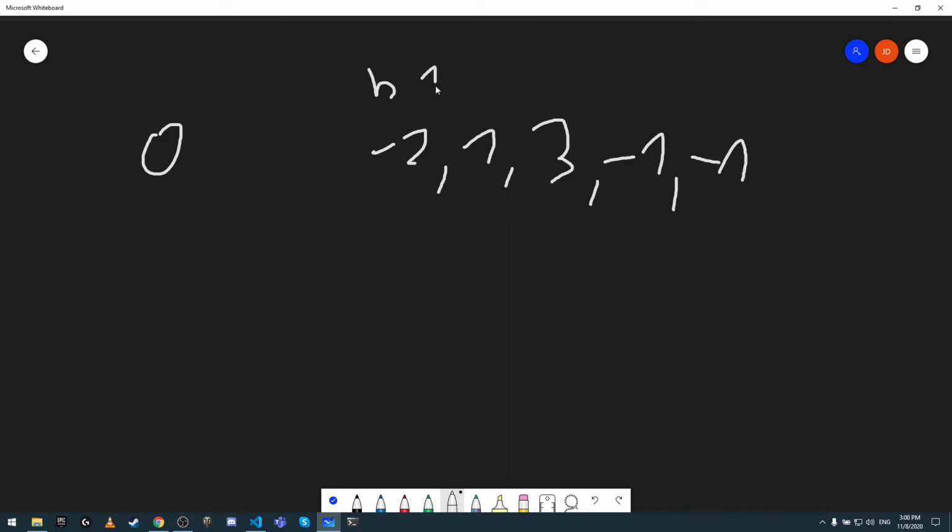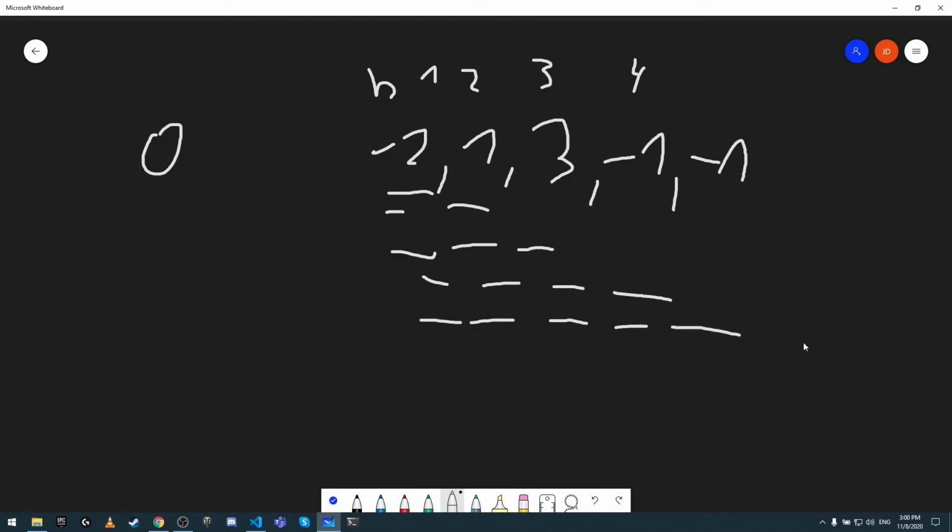So if we do move 1, then we scan this one. If we do move 2, we scan these 2. If we do move 3, we scan these 3, and so on and so forth.